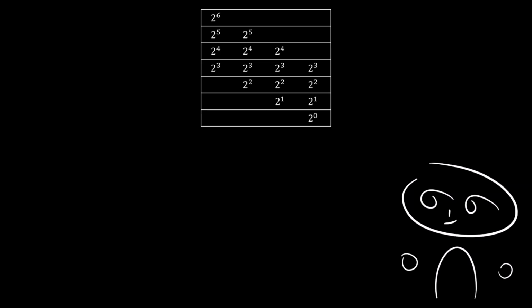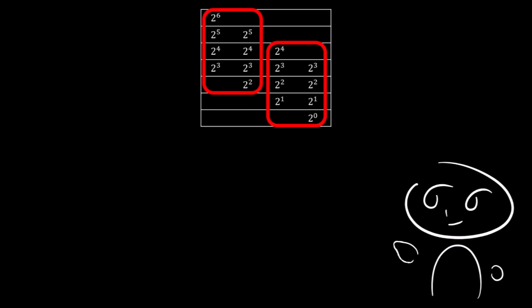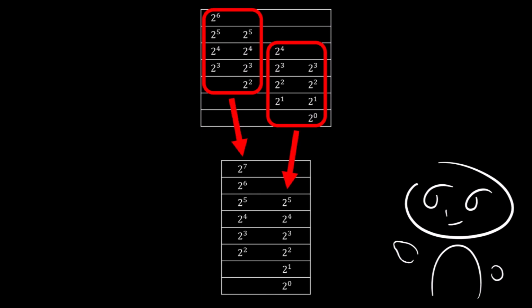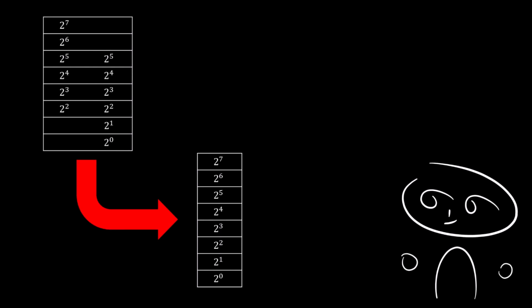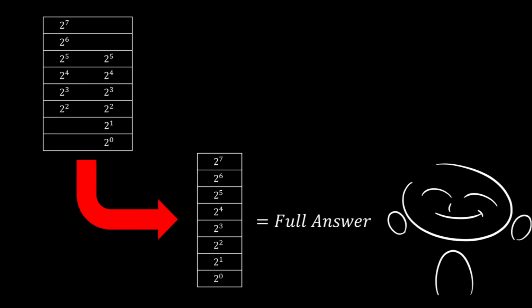Now what we can do is add the left 2 sets of values together, as well as adding the right 2 sets of values together. This gives us the values in the table below. Finally, we can now take those 2 sets of values and add them together to get us 8 powers of 2. These 8 powers of 2 represent the bits within our final full answer.